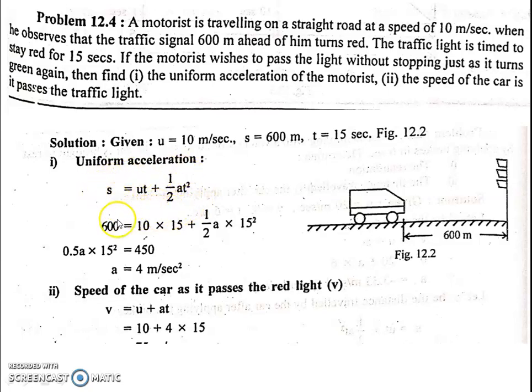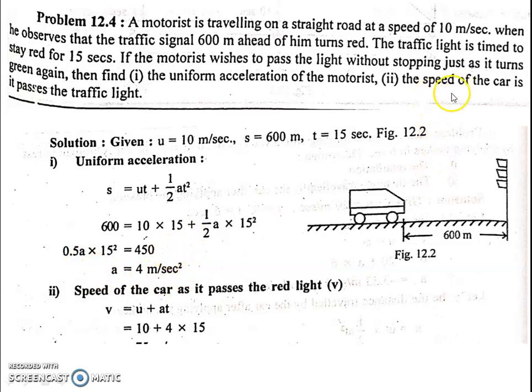Now I will substitute S as 600, U as 10, T is 15 seconds, keep acceleration as it is in the formula, then T again 15 square. Then acceleration works out to be 4 meter per second square.